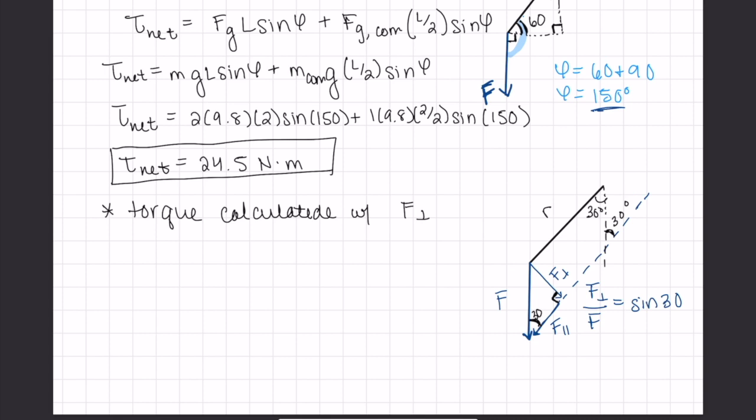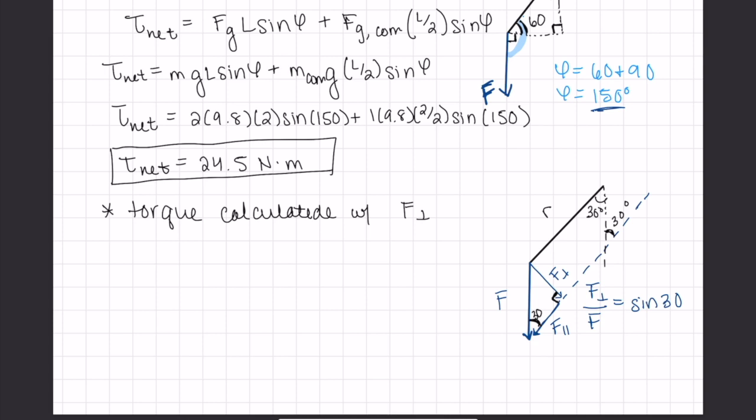And you would be correct. However, because these trig functions are repetitive, the sine of 30 will be equal to the sine of 150, and that will be reflected in our answer. So don't fret. I promise we will still get the same answer.